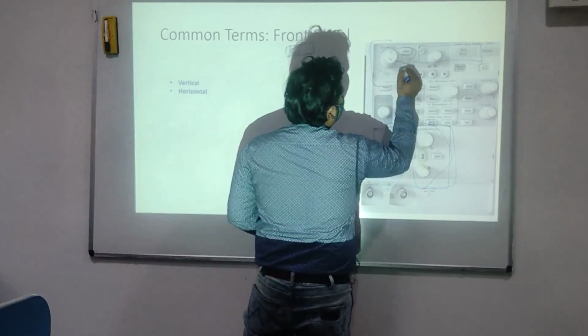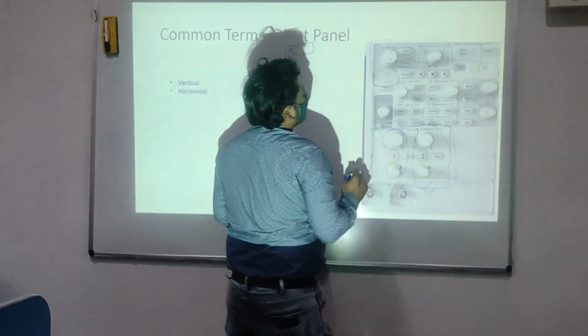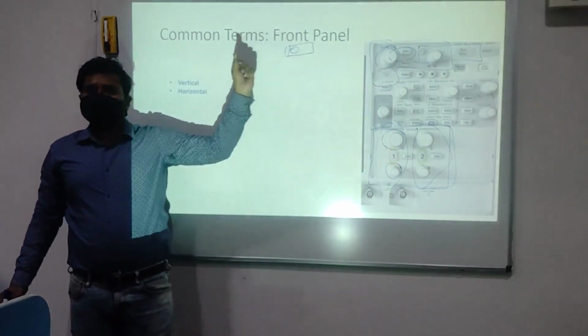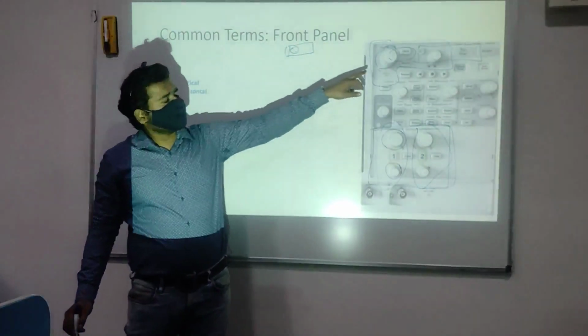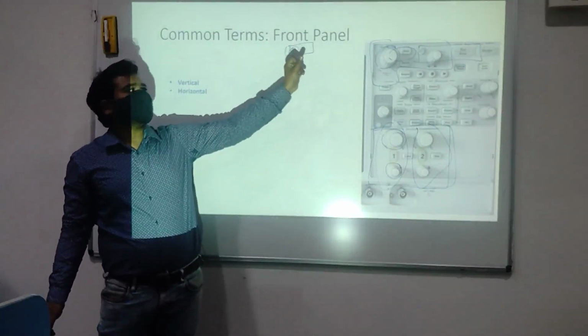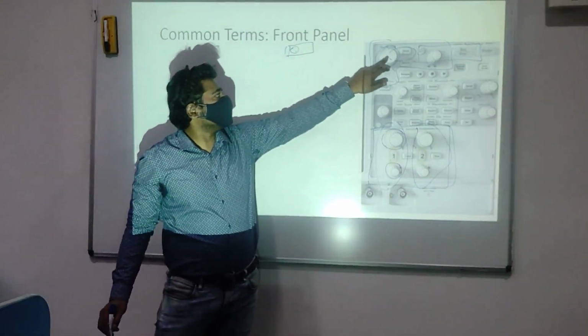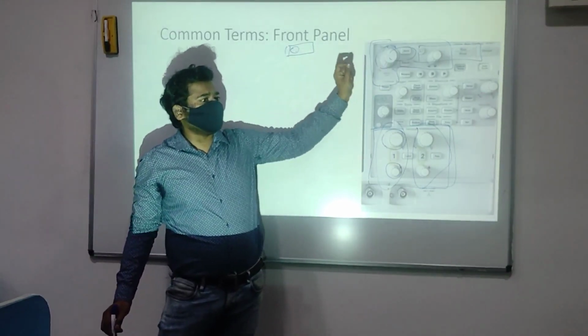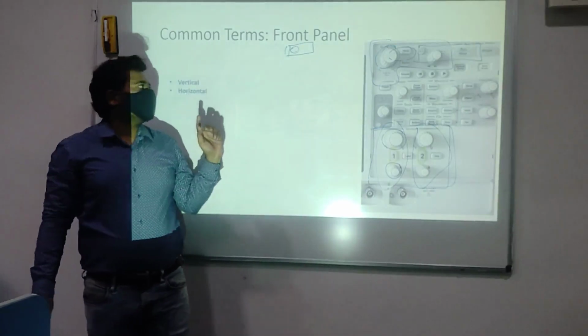Now coming to the horizontal section. In horizontal, you can move this for the time division setting. Just rotate this knob and see if the time division setting is changing. It must be changing.